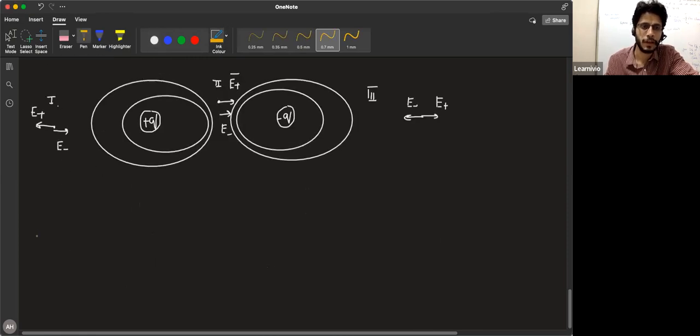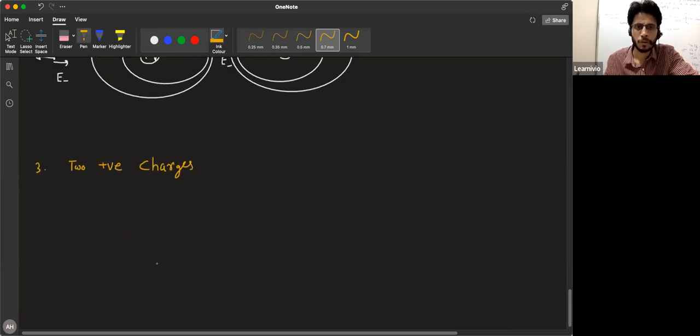Third, instead of a dipole, if I give you two positive charges, you have one charge plus Q, you have another charge plus Q. The first surface will be ellipsoid.